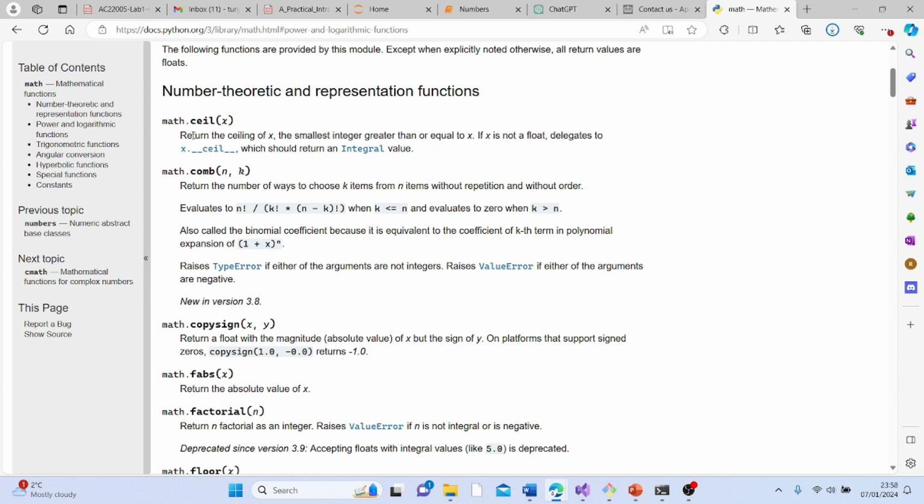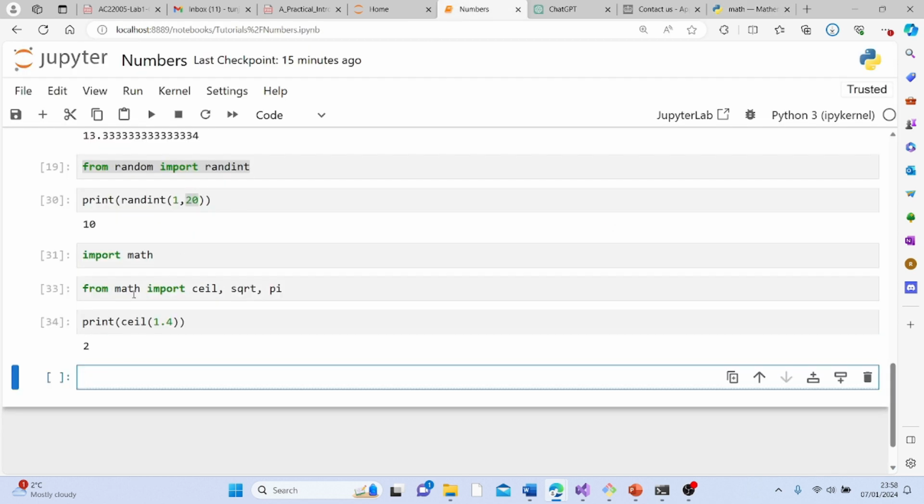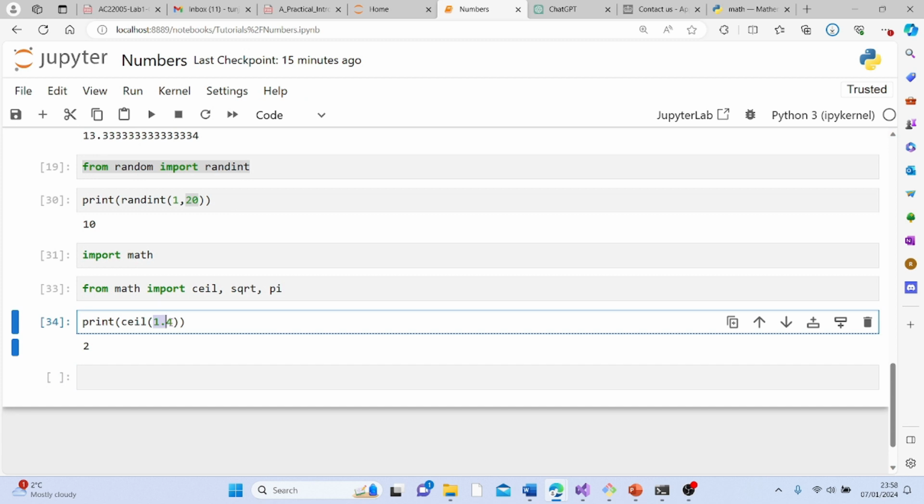So here our x is 1.4. So what's the smallest integer that is greater than or equal to it? 2 is the smallest integer that is greater than or equal to it.